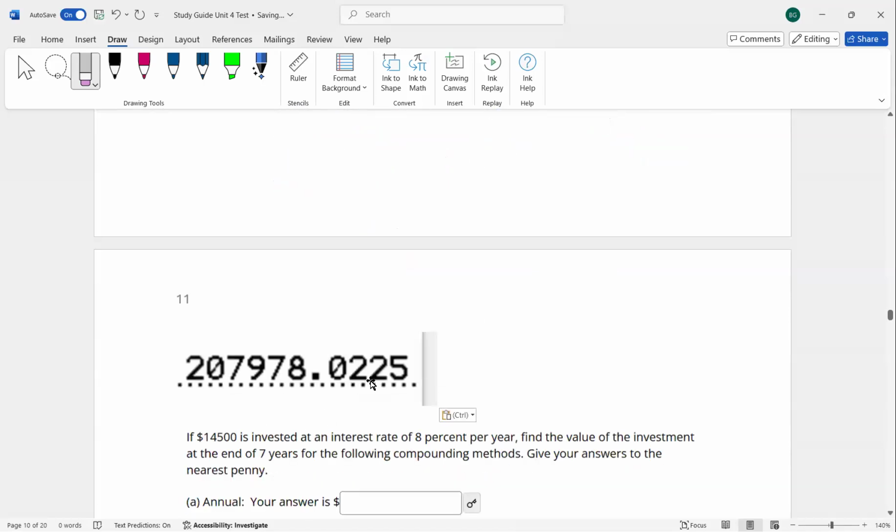So our answer is going to be, we're going to round it down because 2 is less than 5. Okay, your answer is supposed to be $207,978.02. So this is the answer.